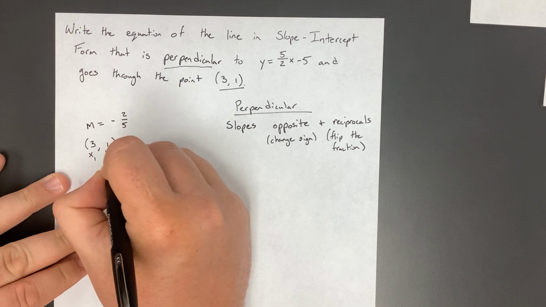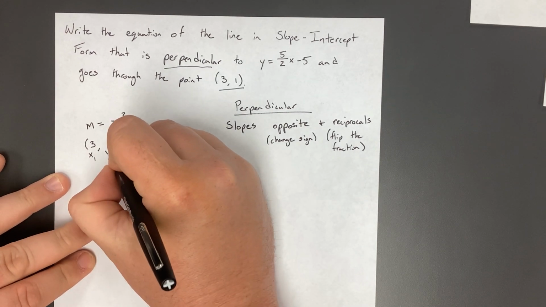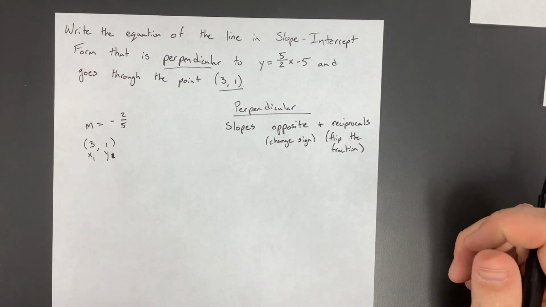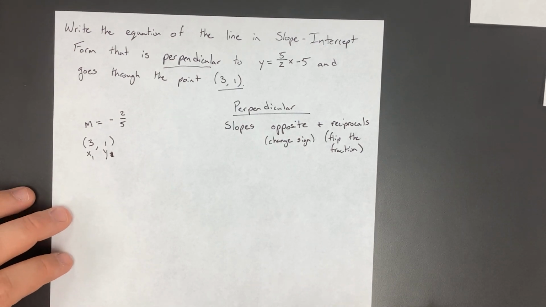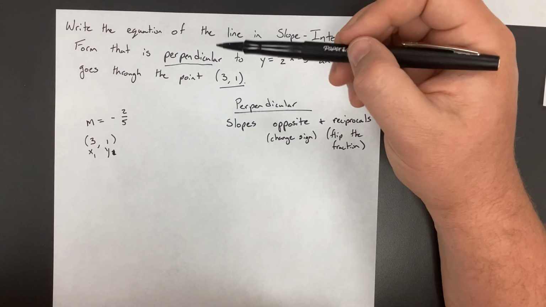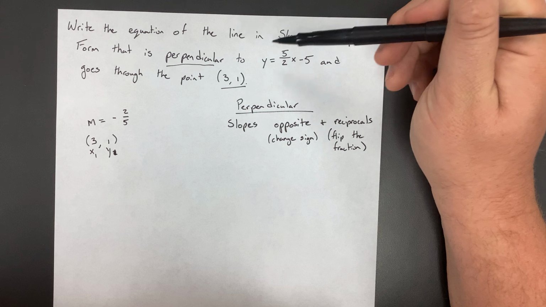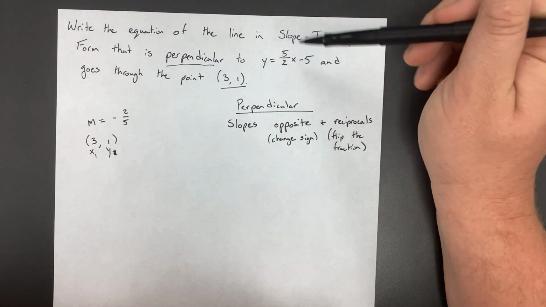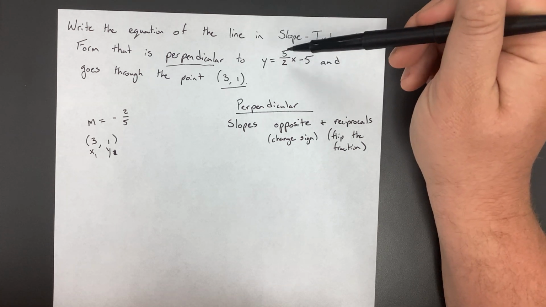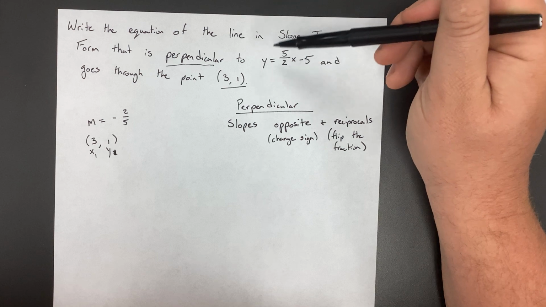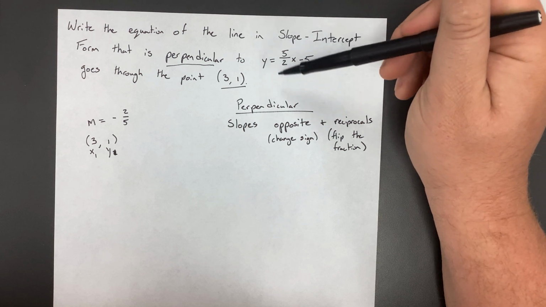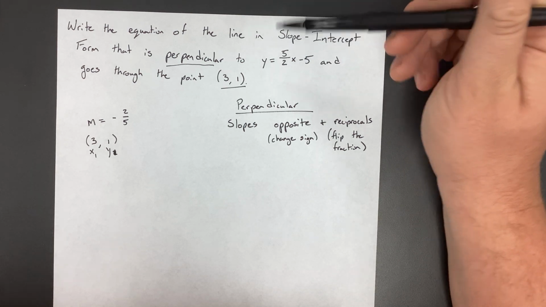We have an x1 and a y1, not a y2, a y1. So again, the big rule with perpendicular slopes: if we're writing a line perpendicular to this one, we have to look at the slope, change the sign, and flip the fraction. We have to take the opposite reciprocal.